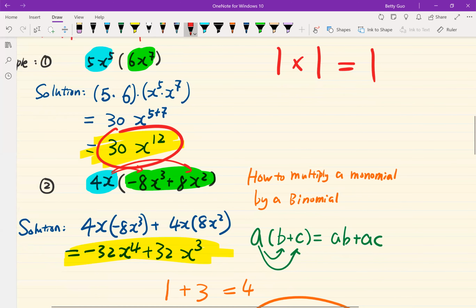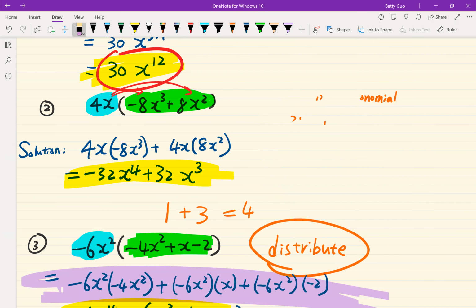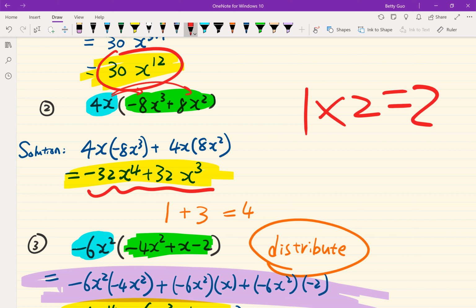Let's see number 2, the blue monomial. How many terms in it? 1 term, right? How many terms in the green? 2. Binomial, right? Okay. 1 times 2 equals what? 2. You see, you do have 2 terms in the product, right?